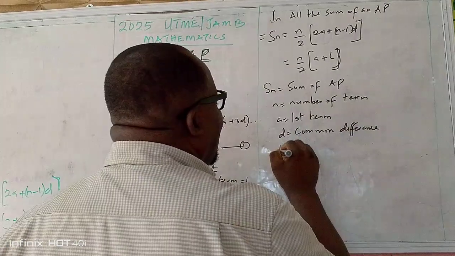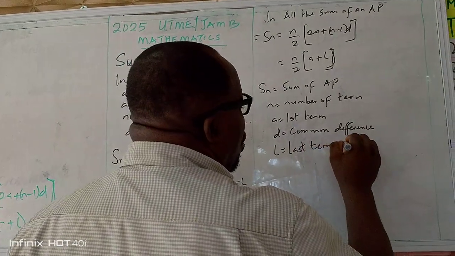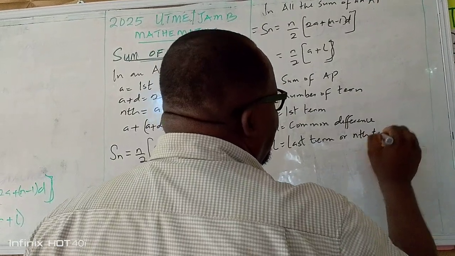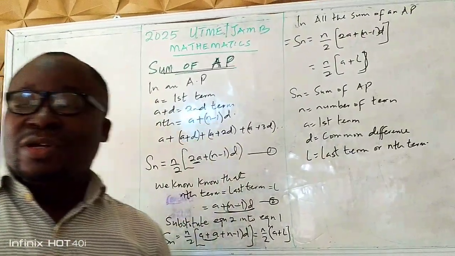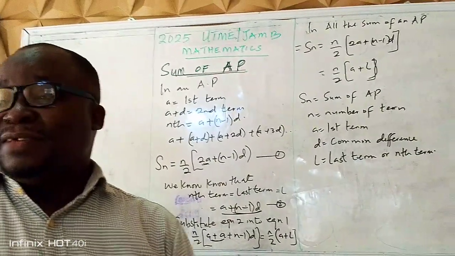And your l is called the last term or nth term of a given progression. All right, so we can now take some questions when you are asked to find the sum of the first terms in a given progression.